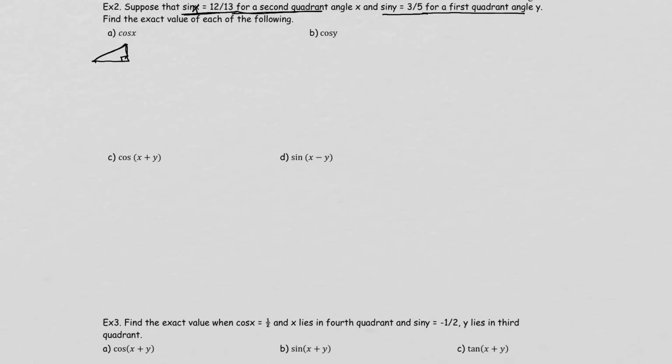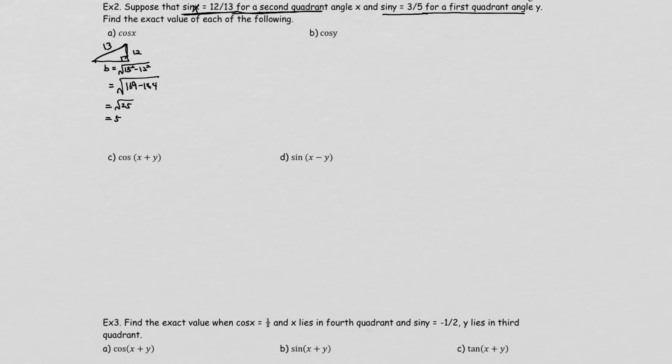Your sine is 12 over 13, so it will be 12 here, 13 there. And we need to know what b is going to be. And your b, how do we find b? It will be 13 squared minus 12 squared. So that gives you 169 minus 144, which is square root of 25, which will be 5, right? So once we have all three sides, then we know what cosine is going to be.